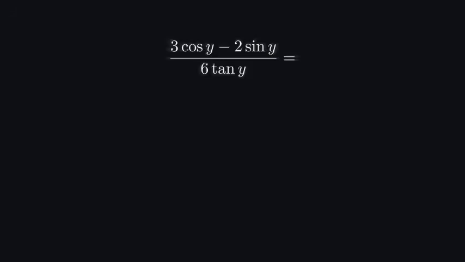3 cosine of y minus 2 sine of y over 6 tan of y equals 3 times 12 over 13 minus 2 times 5 over 13, over 6 times 5 over 12.